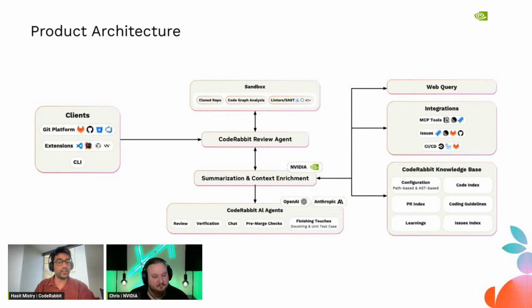There is a configuration that you can put into CodeRabbit. So CodeRabbit is highly configurable. Every little knob can turn on things or change how the review happens in your pull request. We index pull requests to learn from older pull requests. You can even use coding guidelines.